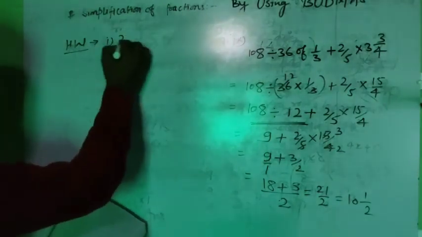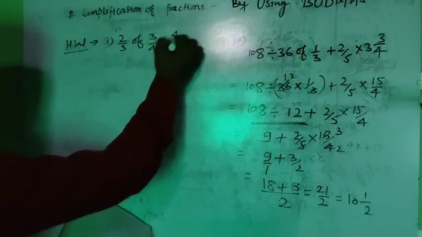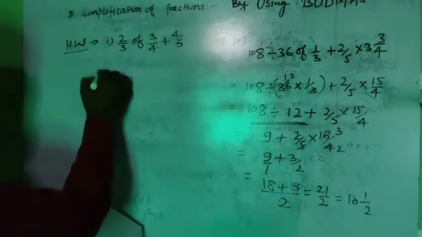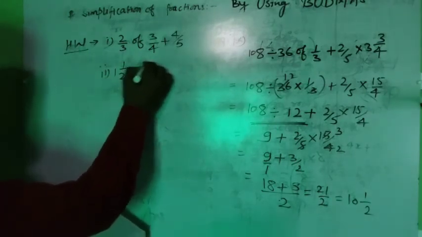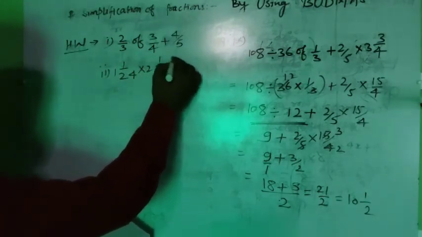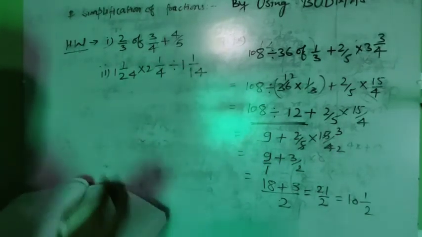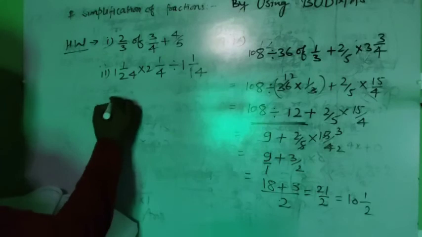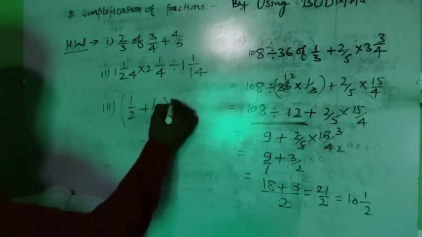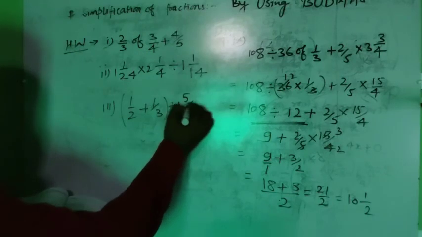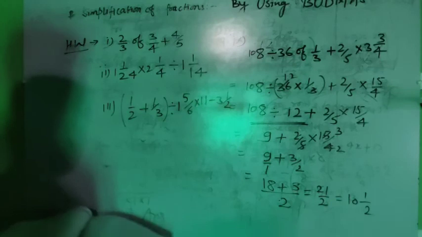First, 2 by 3 of 3 by 4 plus 4 by 5. Second, 1 whole 1 upon 24 into 2 whole 1 upon 4 divided by 1 whole 1 upon 14. Third, 1 upon 2 plus 1 upon 3 divided by 1 whole 5 upon 6 into 11 minus 3 whole 1 upon 2.